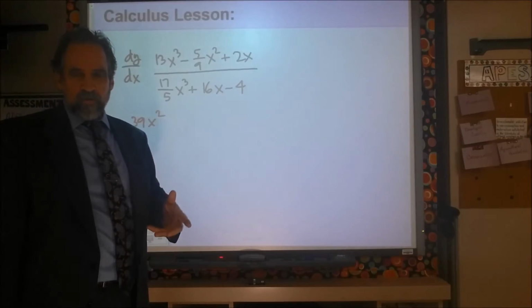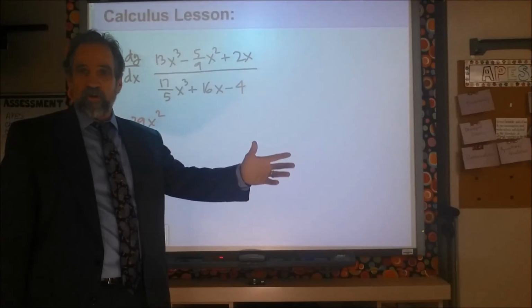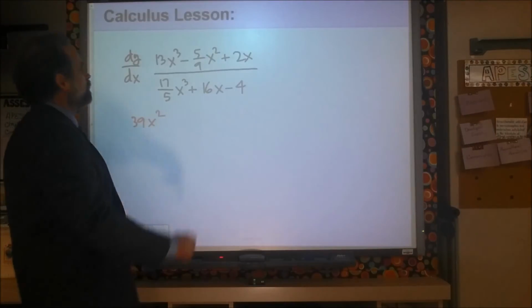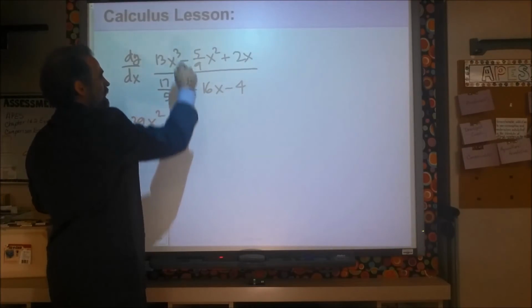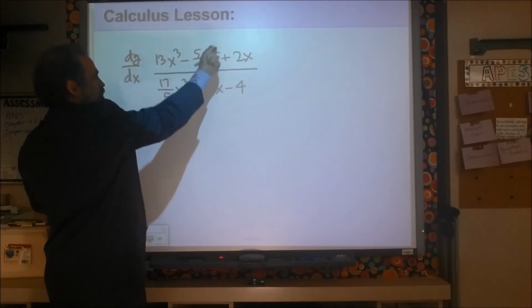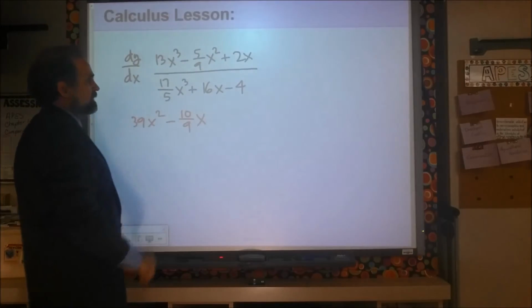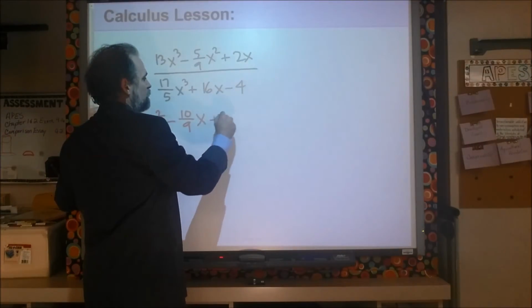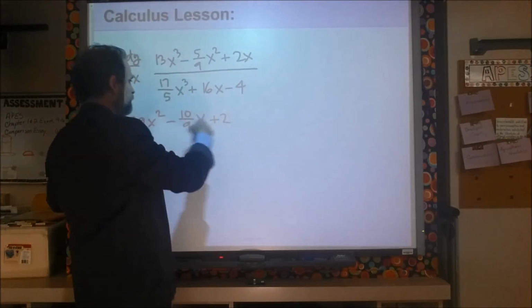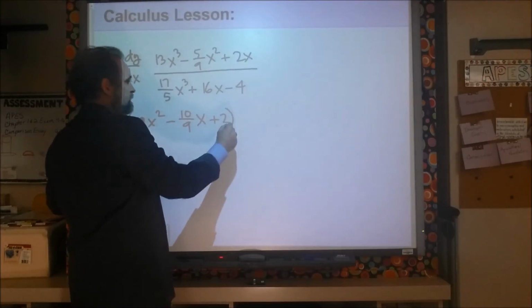So almost a little more than half, and then a little more than a whole when I double it. The opposite of positive is negative. And then 2 minus 1 is 1. So that's 10/9 x, plus 1 times 2 is 2, x to the 0. So there's my derivative of the top.